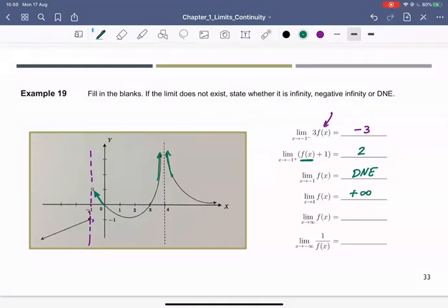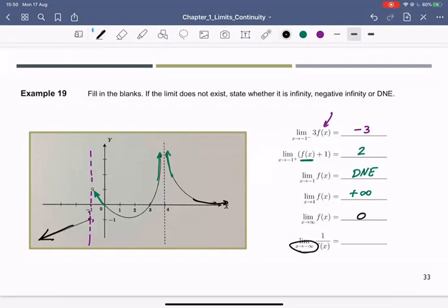And then the last 2 questions, so this is so boring, I know. So the last 2 questions, when x goes to plus infinity, well, this is 0. Too easy, not just boring. Then 1 over f(x). You see when x goes to negative infinity, x goes to the left here.